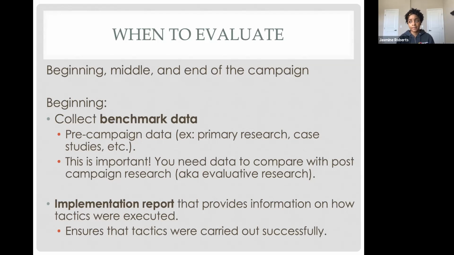I have been in campaigns where that step is missed, but it provides a sense of reassurance to the client that we're really monitoring these tactics and we're making sure that they are going well. And if they're not, for whatever reason, we have enough time to adapt our communication strategy to make sure, long-term at least, or throughout the duration of the campaign, that they go according to plan. So that's what we do at the very beginning of evaluating the campaign.